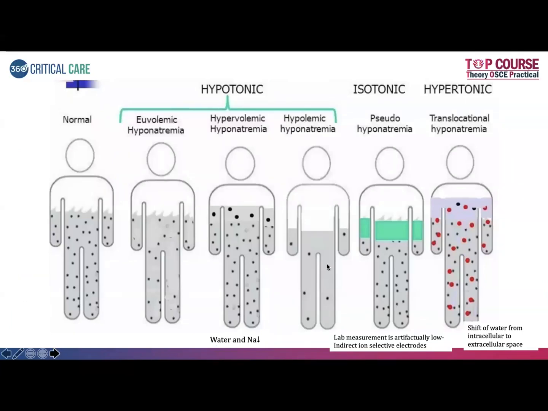So when we are talking about hyponatremia, we can broadly classify based on the tonicity to hypotonic, isotonic, and hypertonic. So the true hyponatremia is defined as hypotonic hyponatremia. So what is hypertonic and isotonic? So hypertonic is due to translocational hyponatremia.